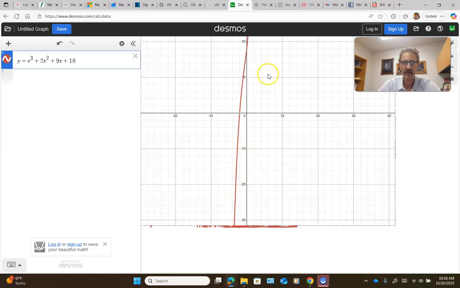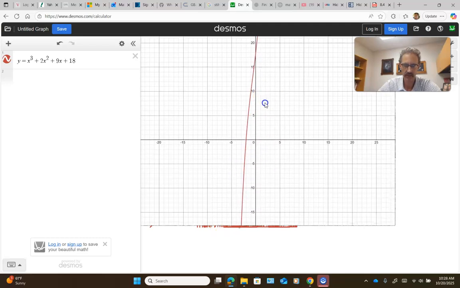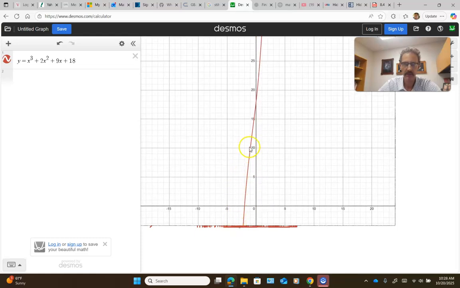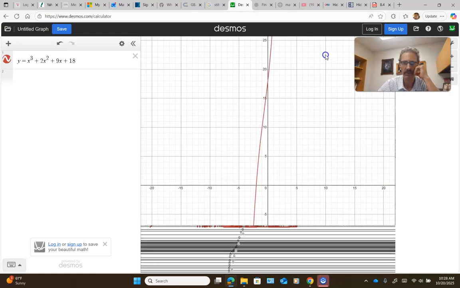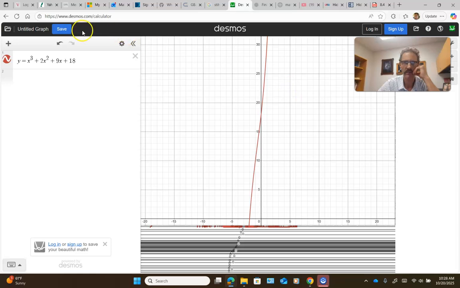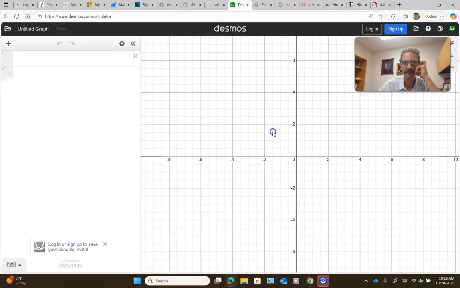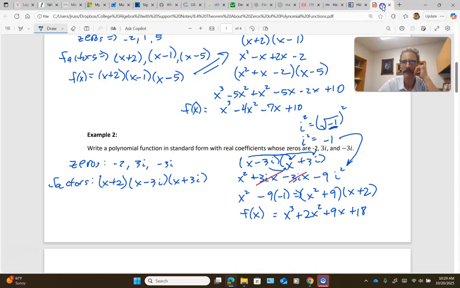It's only crossing right here at -2. That's the only place it's going to cross the x-axis. And it kind of goes across right here, so it still has that cubic behavior. But it never actually decreases anywhere. This is just a strictly increasing function. I don't know why this is misbehaving again.